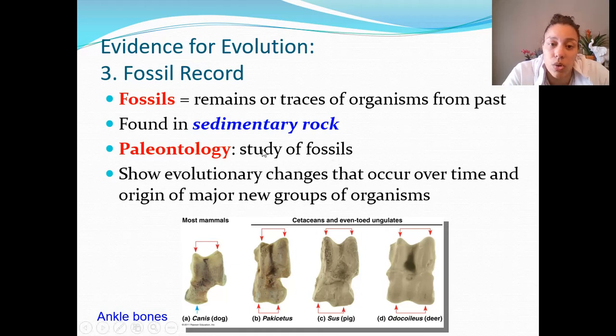We can also look at, just in general, the study of fossils in paleontology and look at their overall structures and physical similarities, and show some suggestions for common ancestors. So here's some examples of ankle bones down below of different species and how they are related to each other. So that's our third one.